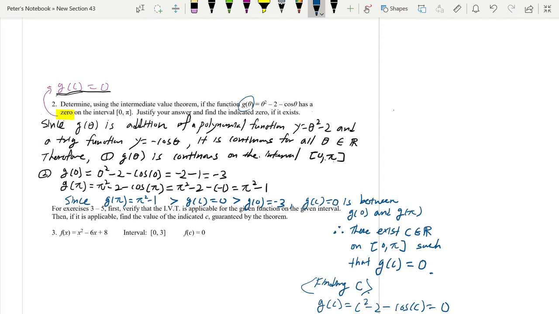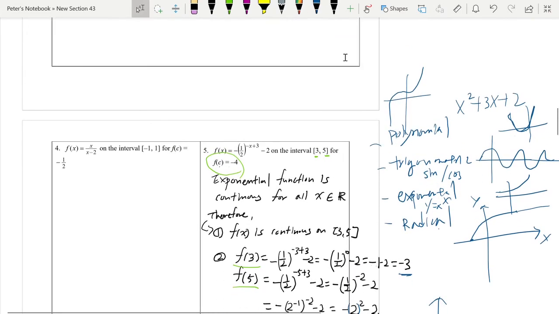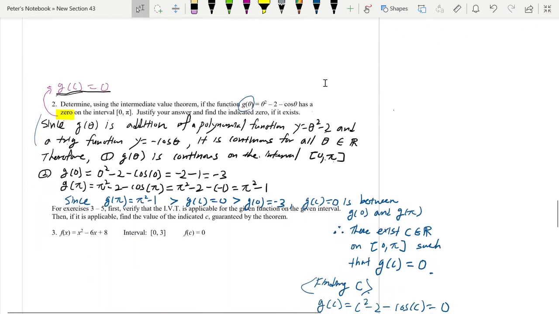In order to answer that, we need to know this part, so I'm going to explain this. We know that g of theta is the addition of a polynomial function, theta squared minus 2, and the trigonometric function y equals negative cosine theta, and we have established that polynomial functions and trigonometric functions, not all trig functions by the way, but sine and cosine functions, are continuous everywhere, so continuous for all theta in the real numbers.